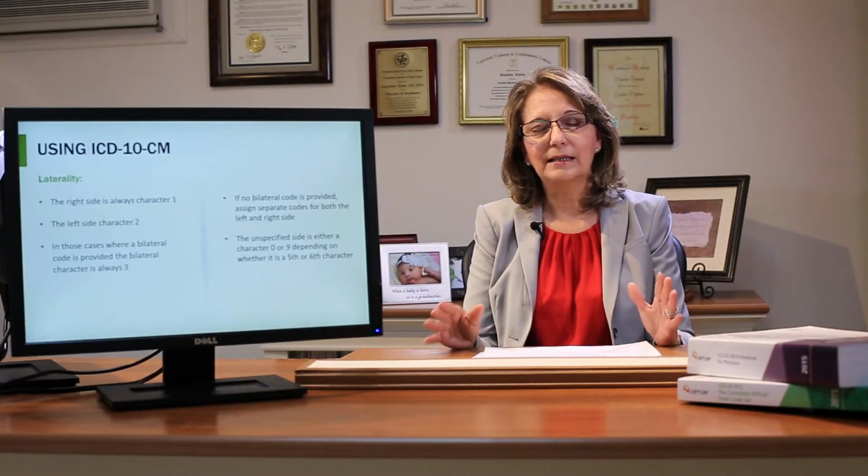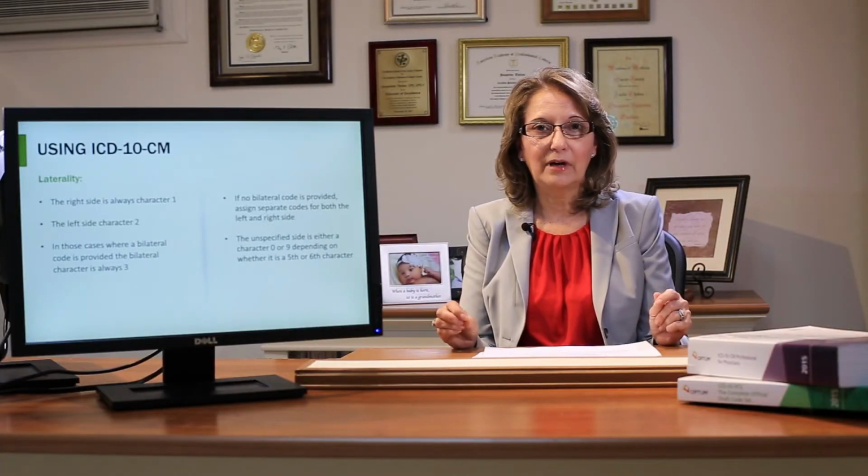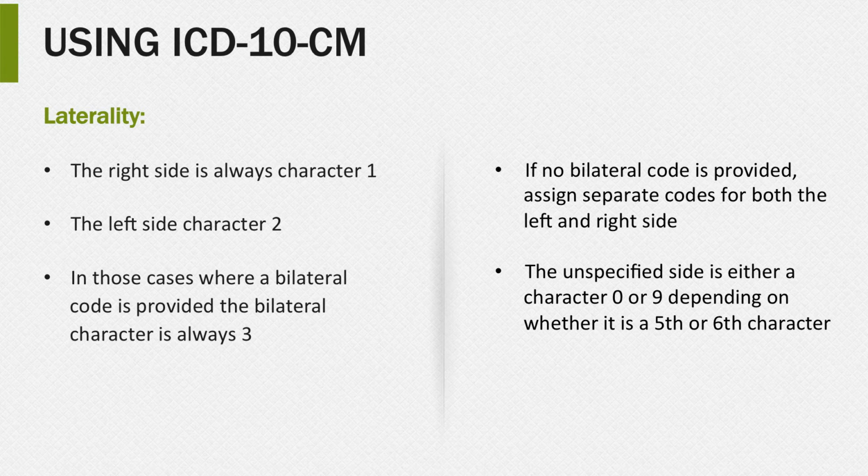ICD-10 also brings inherent in the code itself laterality. So the right side would always be reported with the character number 1, the left side number 2, and in cases where we have a bilateral code, it would be reported with 3.